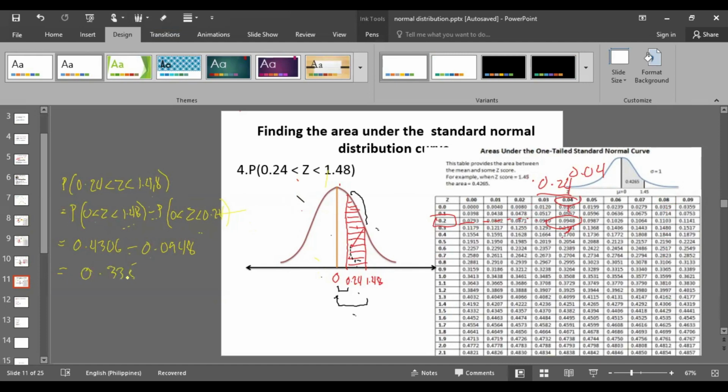It's 0.3358. So the area of this shaded under the standard normal curve is 0.3358. And that's how we find the area under the standard normal distribution considering the indicated z-scores.